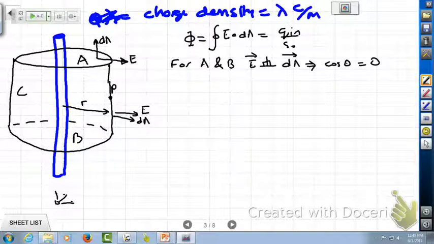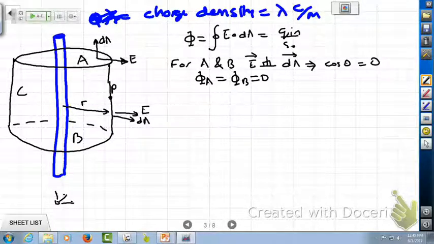So no flux. So flux A equals flux B, which equals 0. So forget it. Does that make sense?